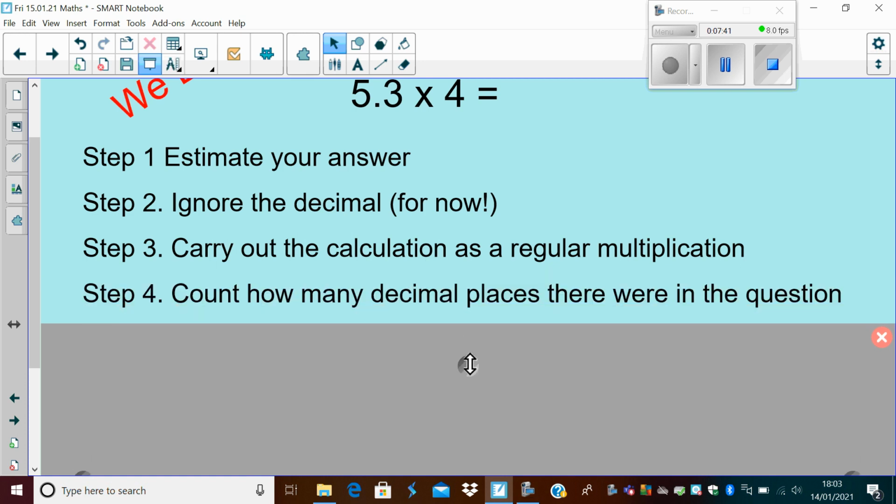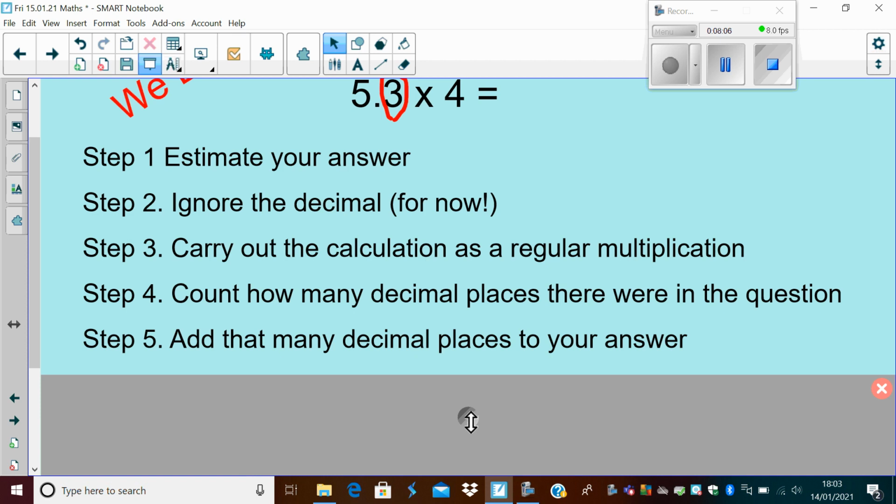Step 4, I want you to count how many decimal places were in the question. So in this case, 5.3 and 4 whole numbers. So there's only 1 decimal point, only 1 decimal place. So our answer should only have 1 decimal place.